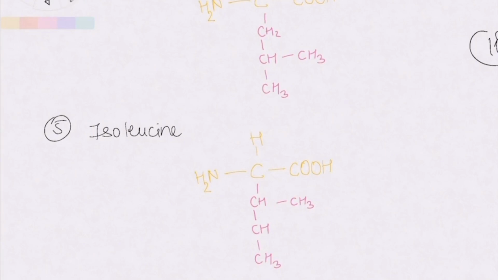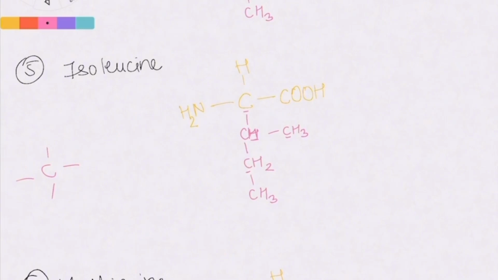Another thing that we change over here is the number of hydrogen atoms attached to each carbon. So remember that carbon has to make 4 bonds, and in this case the first carbon would have 4 bonds, the second would have 4 bonds as well, therefore it would have 2H.